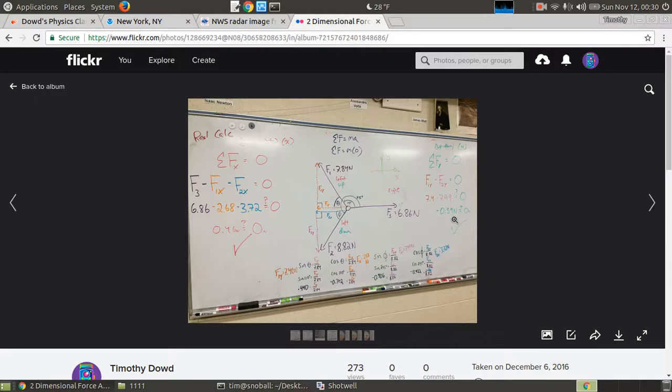And if you look at this picture and are intimidated by it, keep in mind it's just following those steps. Sigma F equals ma in both dimensions. Label your forces with up, down, left, right, make decisions about which forces belong in each, and then do a little bit of trig, just sine and cosine, to break each force down. You'll get where you need to go.